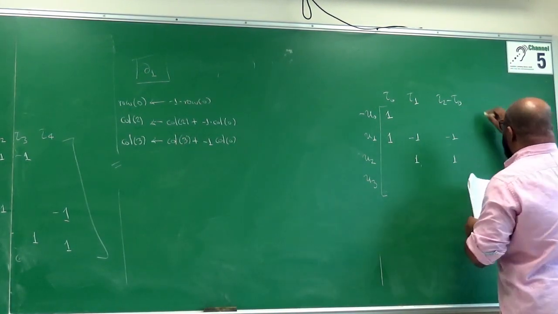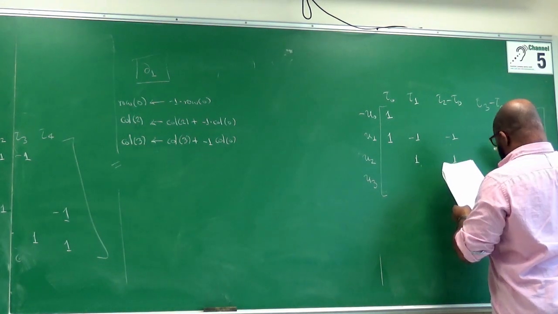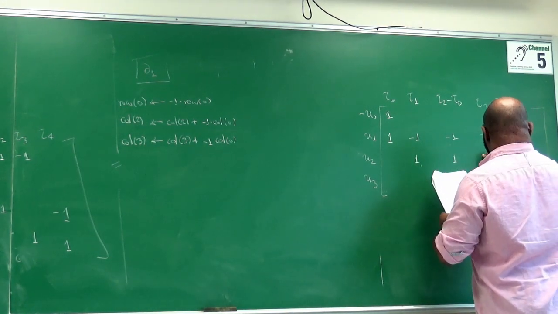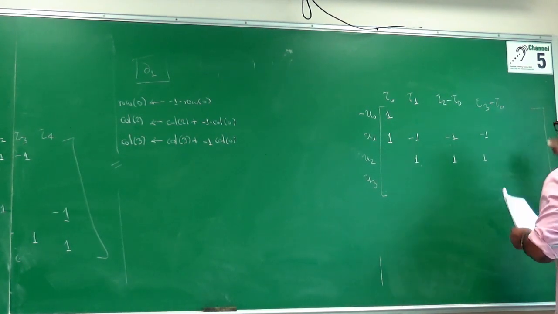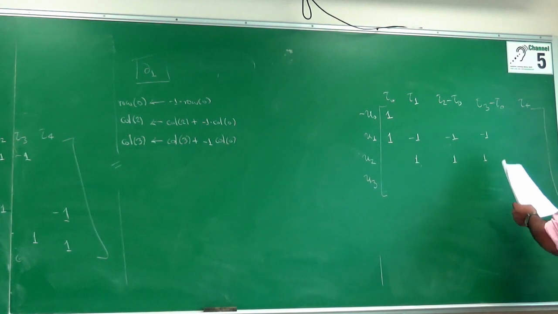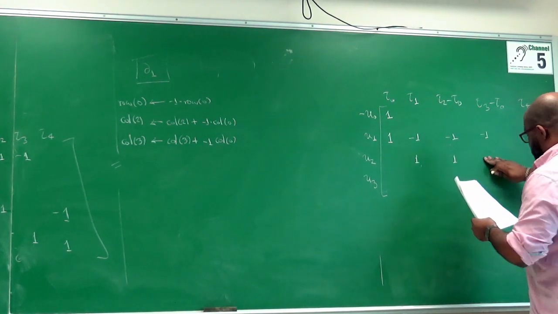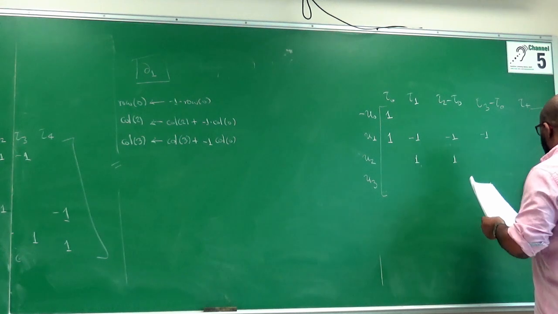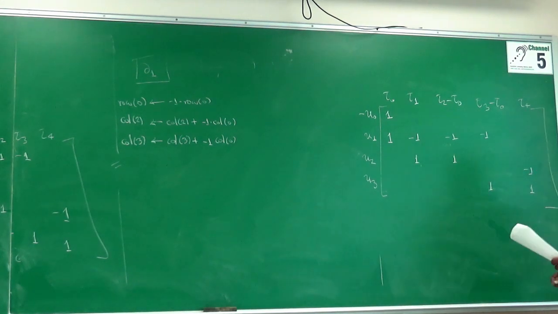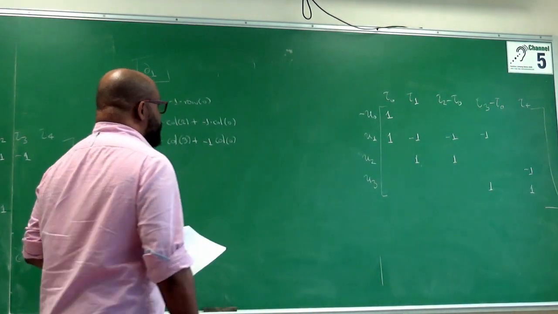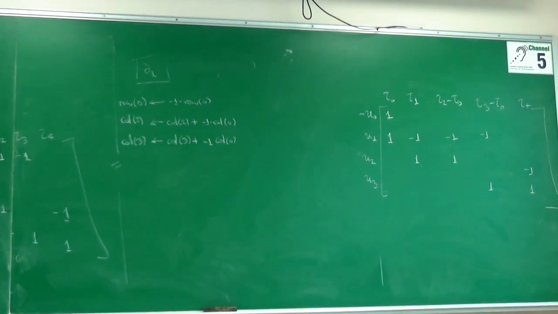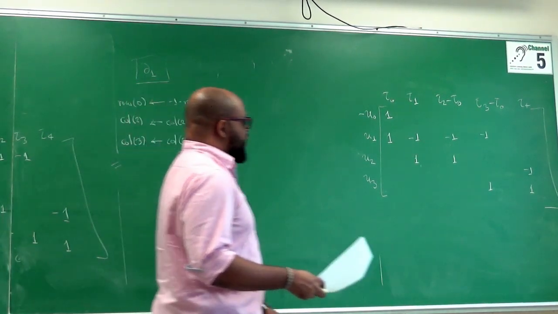I'm going to write it out and see. Minus 1, 1. And then tau 4. Okay. So again, just keeping track of what operations I'm doing and how they change the basis elements.